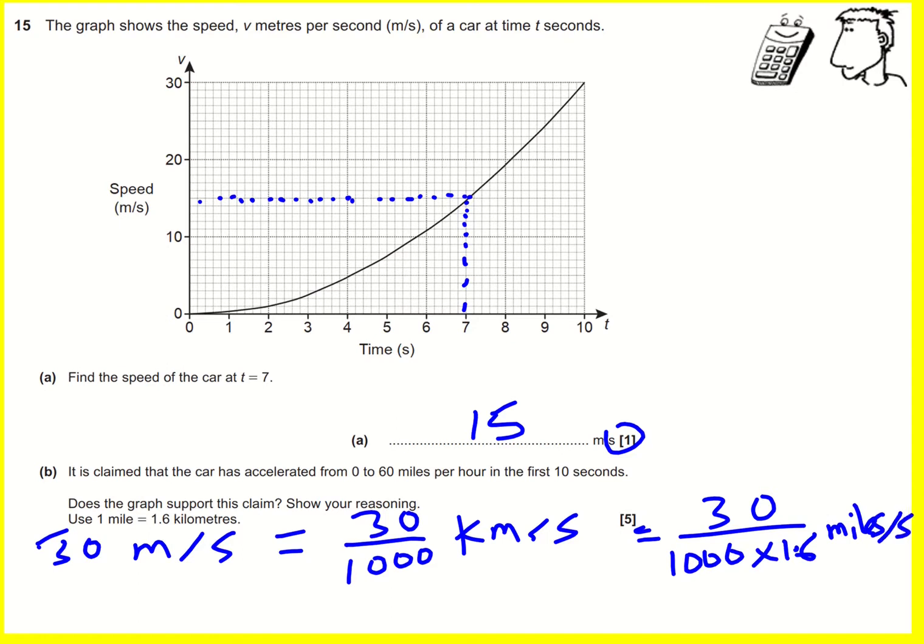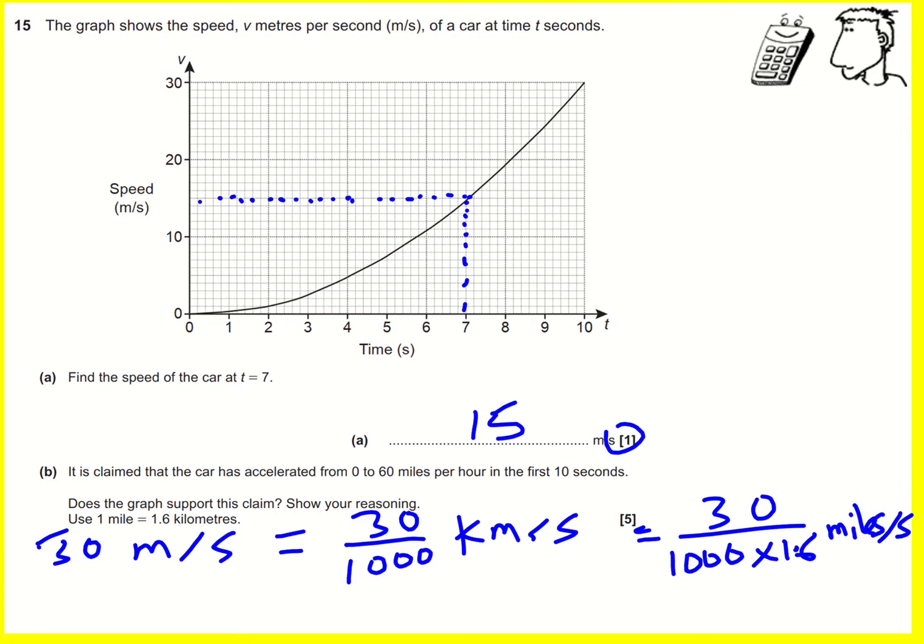per second. But that's going to be a small number because we're not going to go very many miles in a second. We want miles per hour. Now, to go from seconds to hours, you normally would divide by 60 to get minutes, and then divide by 60 again to get hours.